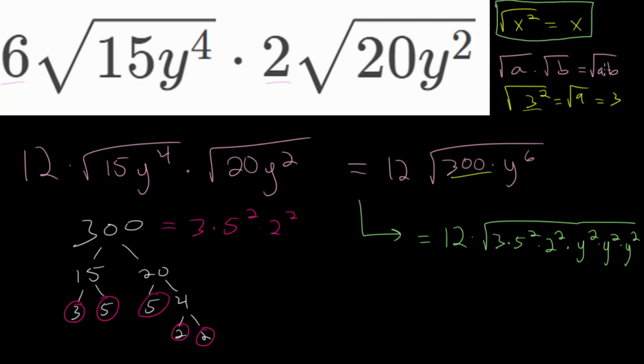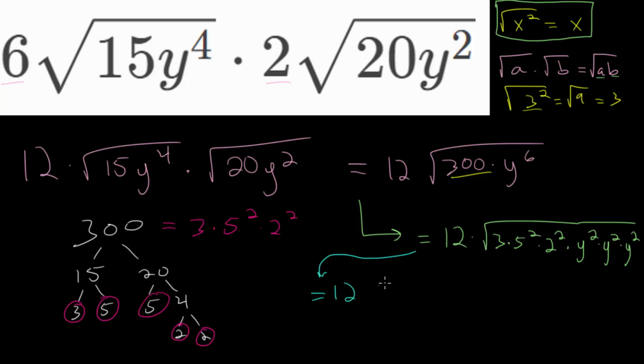If we have a product under the square root, we can rewrite them as individual square roots multiplied together for each of these factors. So let's do that. And honestly, this is a bit tedious, but this will explain in full detail what we're doing here. In practice, at this point, you can just pull out all the perfect squares once you recognize which numbers are squared.